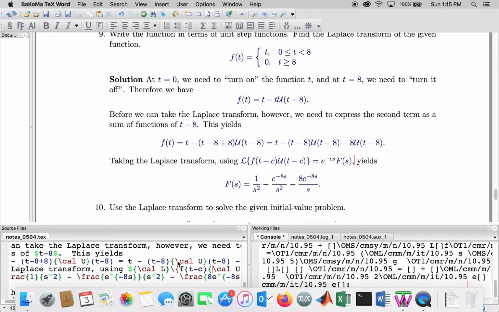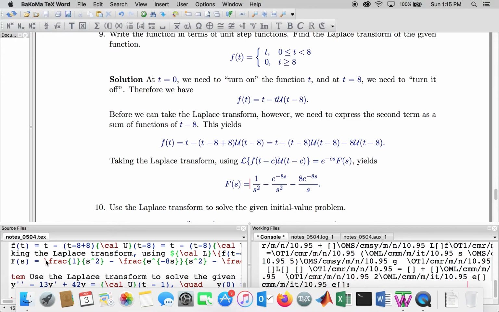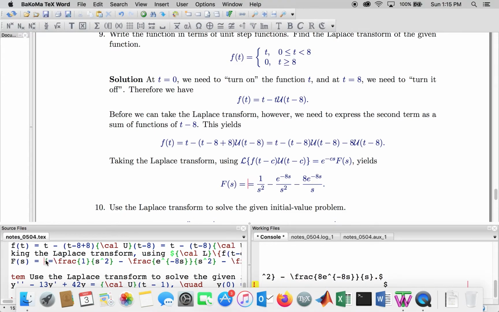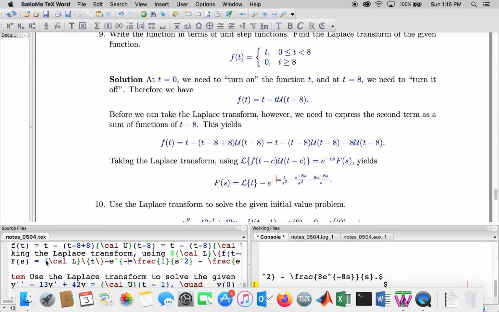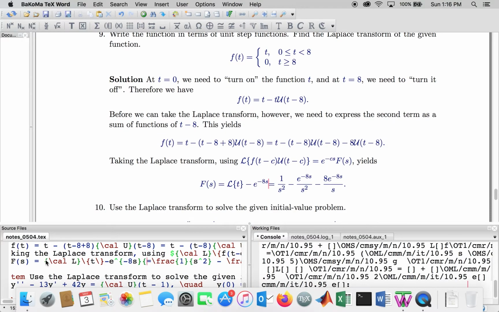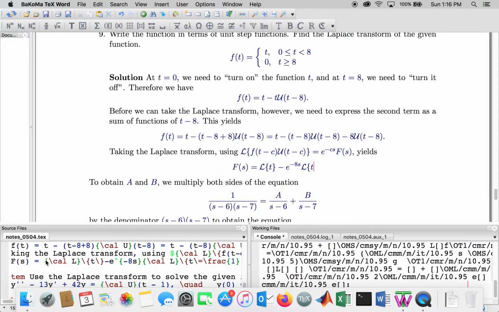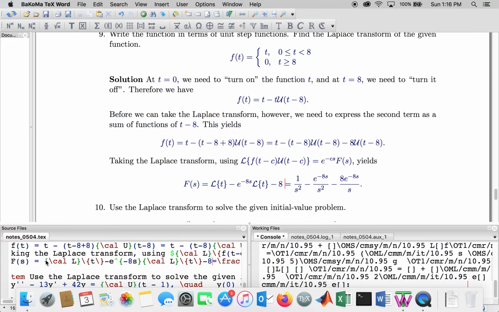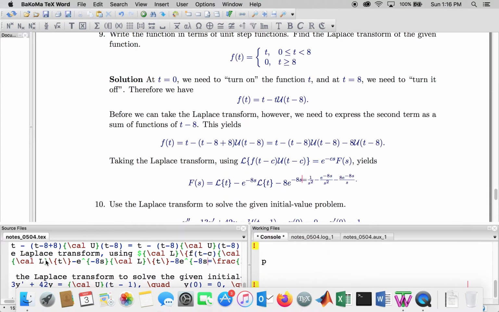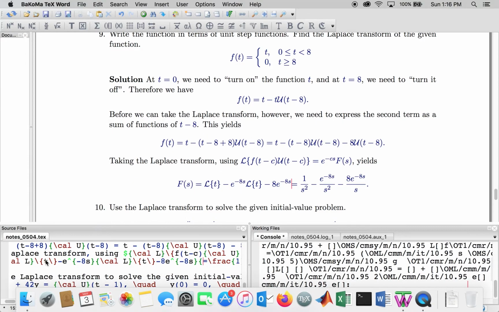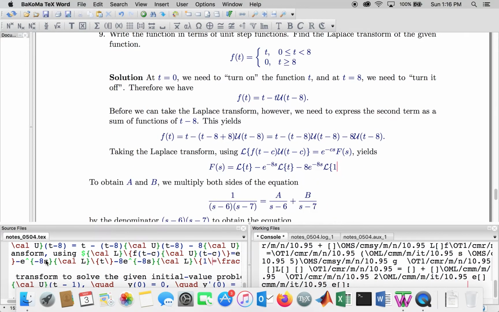Actually, I'm going to fill in a little more detail here. So we're transforming t from the first term, and then so what we get is minus e to the minus 8s plus transform of t minus 8 e to the minus 8s, Laplace transform of 1.